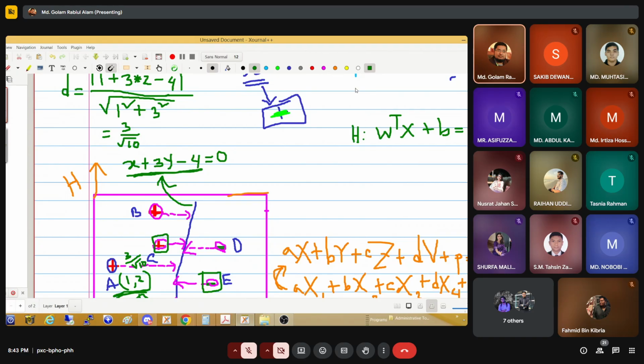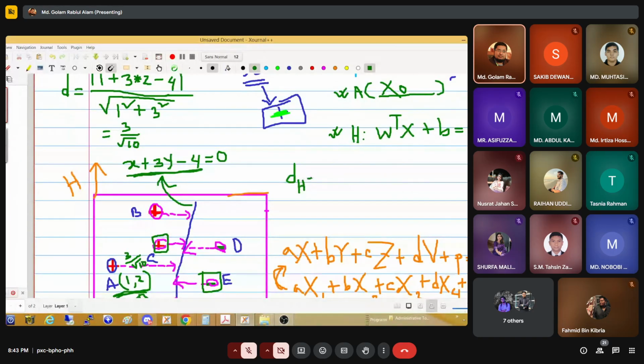Say a data point is A, and it has the vector values, that vector is x0, and we want to find out the distance from this data point A to this hyperplane. How to find out the distance?